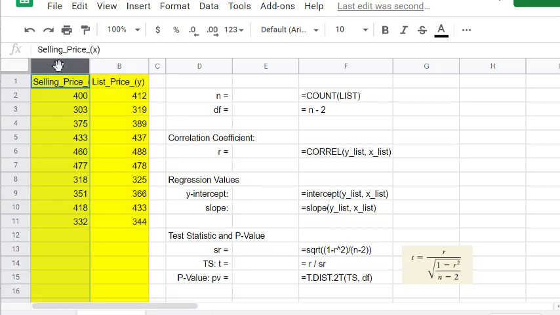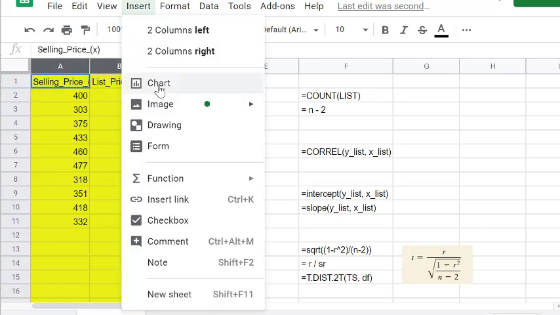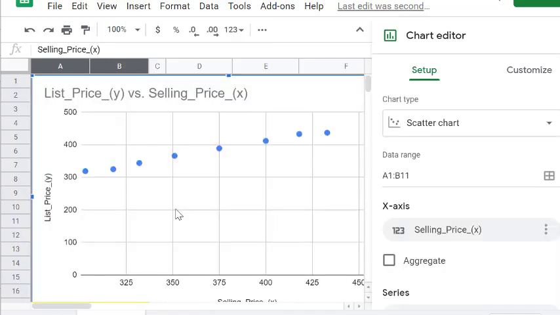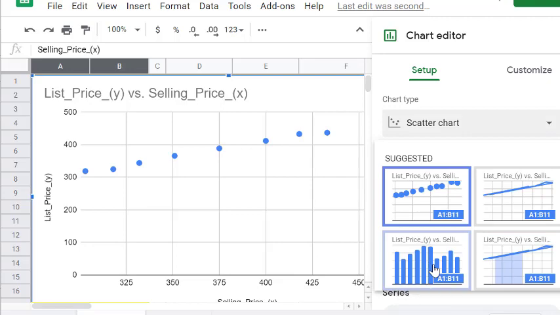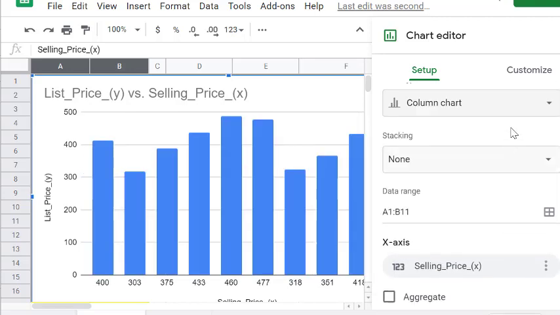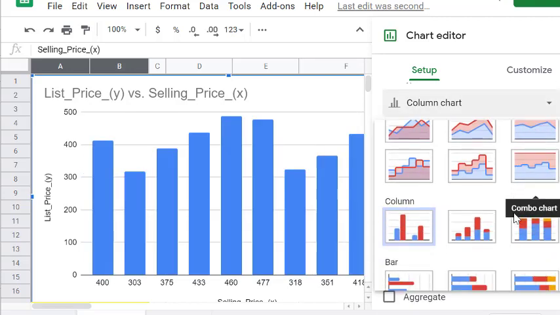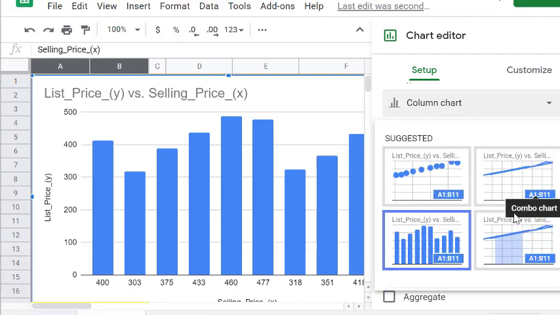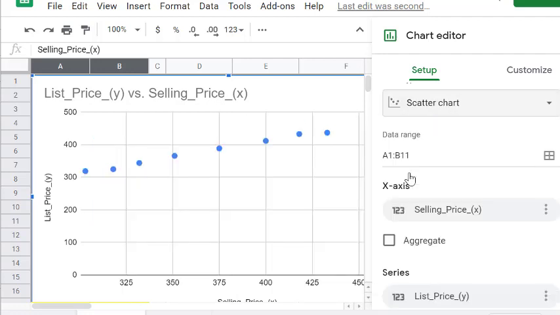And while we have these two columns highlighted, we can go to Insert, Chart, and in Google Sheets they give us a variety of choices for our charts. We can do a column chart, and the list is really pretty long for the types of charts that you can have, but clearly we're looking for a scatter plot.